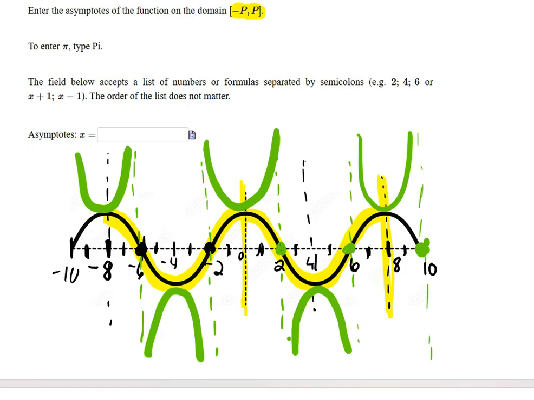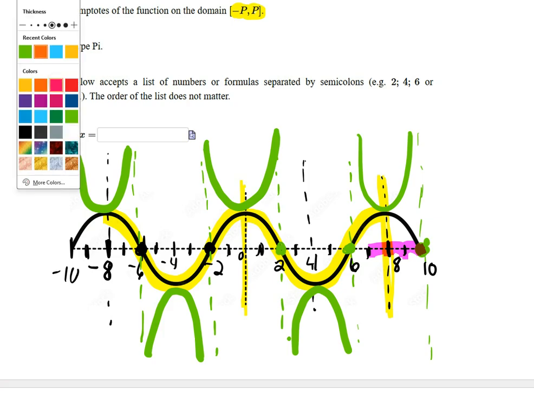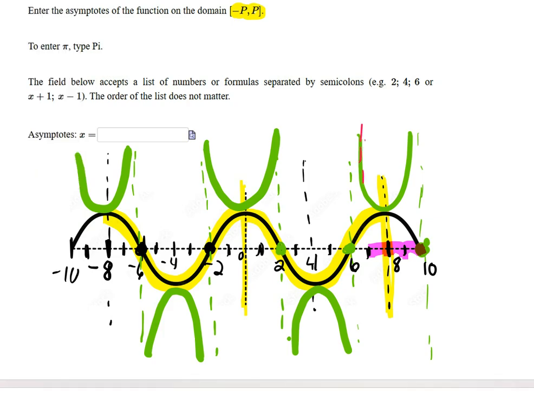So if it shifts 3 to the left, it's going to go 1, 2, 3. So I now have, let me use a pink pen, a vertical asymptote here. And then go 1, 2, 3. No, this one, sorry. 1, 2, 3.